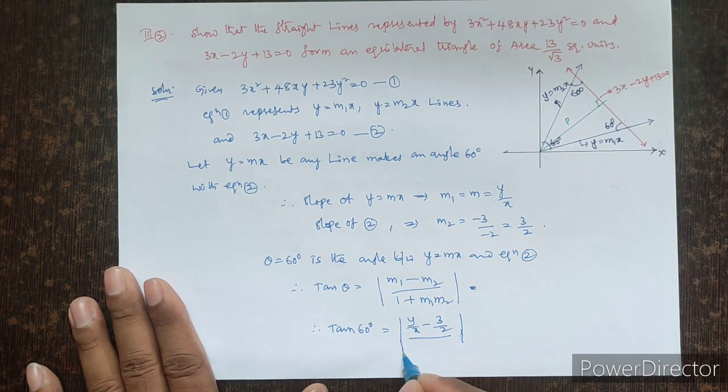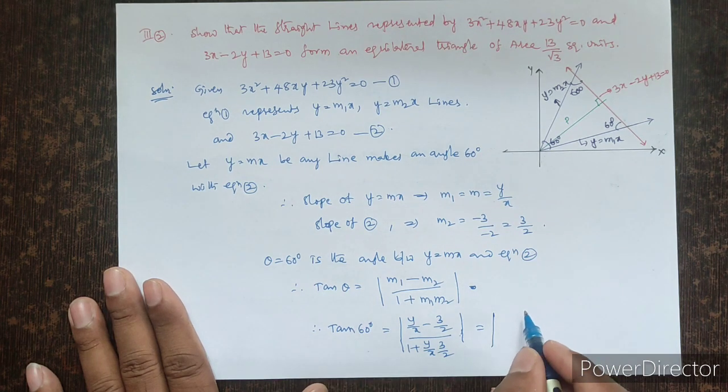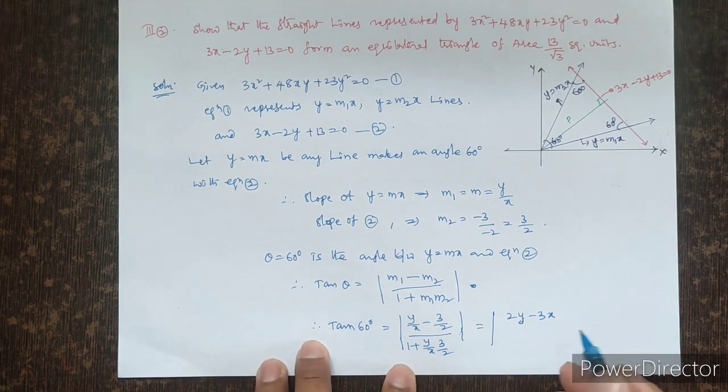By 1 plus m1 m2, that is y by x into 3 by 2, equal to this is 2y minus 3x by 2x. This is 2x plus 3y by 2x. 2x gets cancelled.